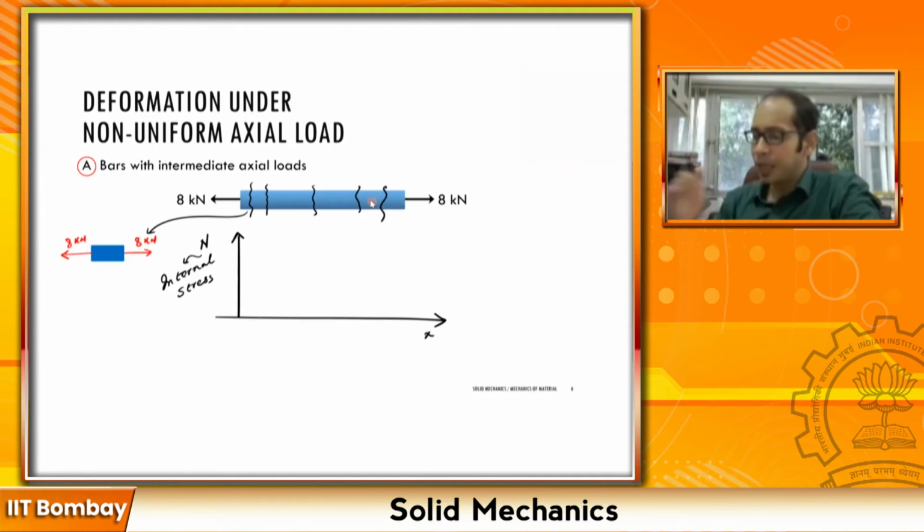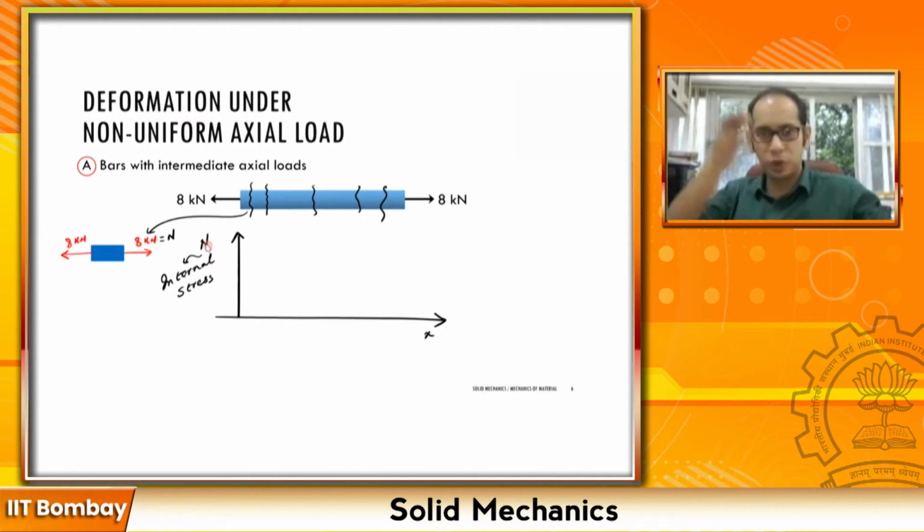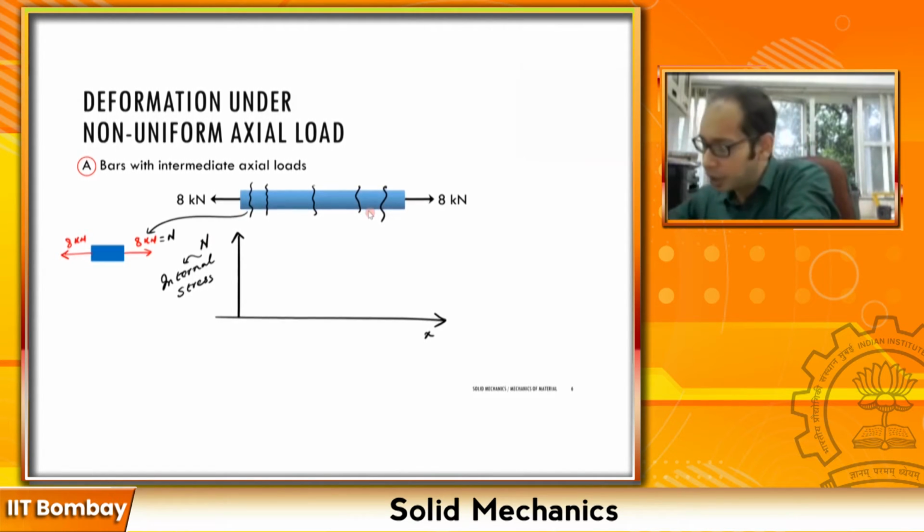Remember, this is the internal stress N I'm looking at. So wherever I'm chopping, I'm calculating that internal stress N. Everywhere along the length, I'm going to get one constant line of 8 kilonewton.